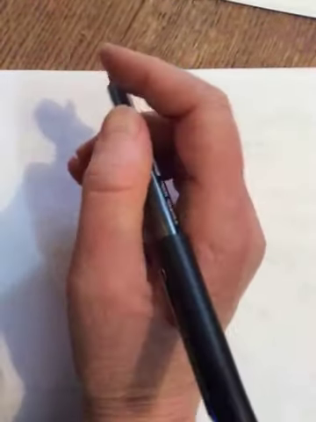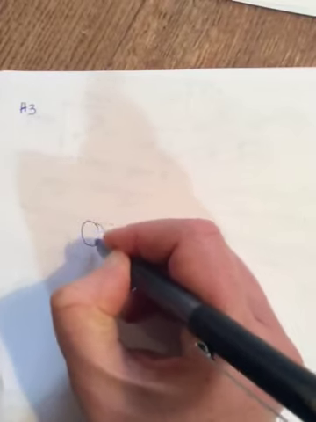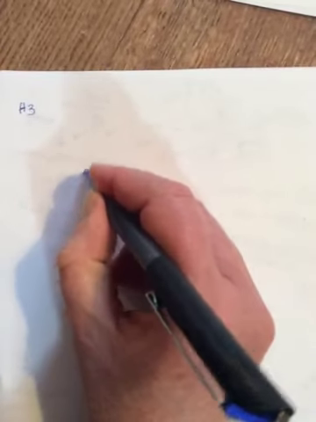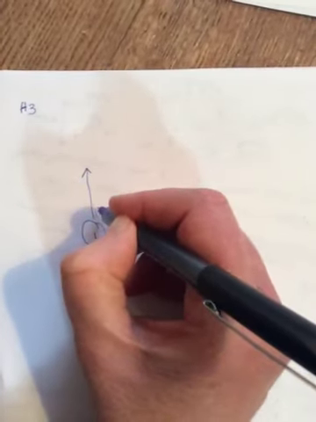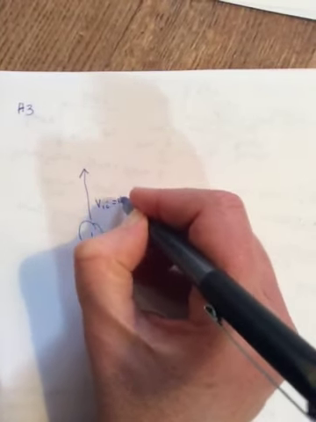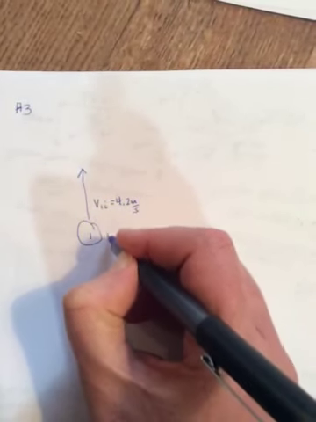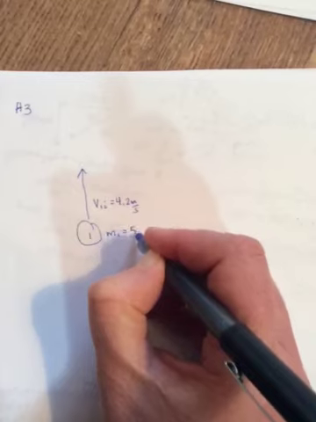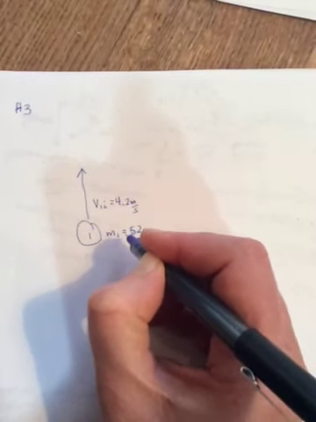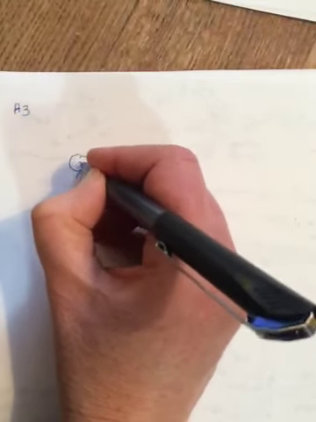All right, number 3 on your sheet. Number 3 says a hard rubber ball is moving north with a velocity of 4.2 meters per second. So v1 initial, 4.2 meters per second, and its mass is 52 grams. When it collides with the stationary billiard ball, mass 155 grams.